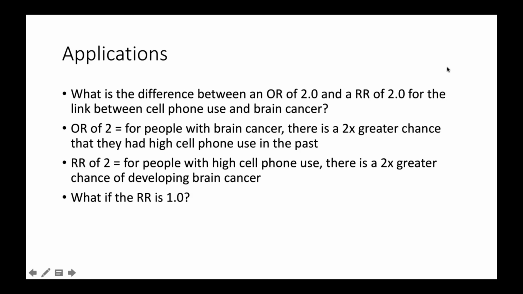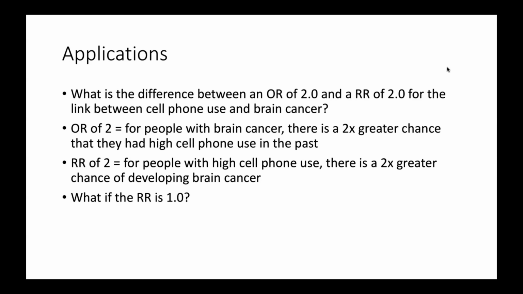Perfect. Haley, what if the relative risk is 1? So if the relative risk is 1, that means that the 2 groups are equal. So the relative risk, we're looking forward.